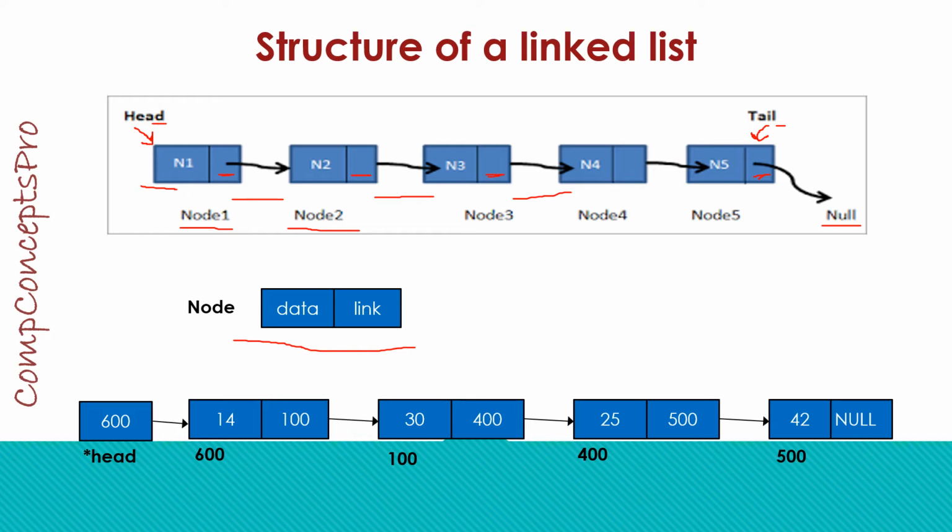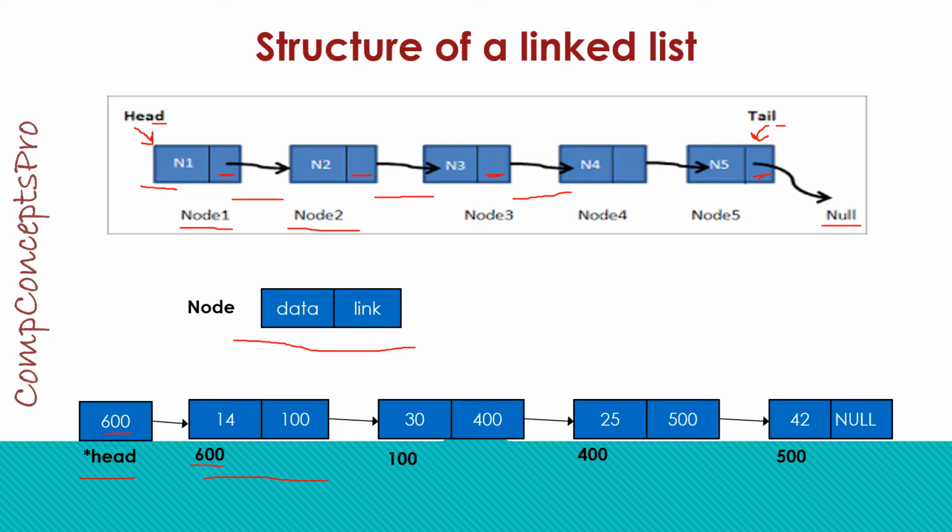We can understand this with this actual linked list. See this head pointer, you can see the asterisk symbol, which means that it is a pointer variable. Pointer head is storing the value 600, which is the address of this first node.